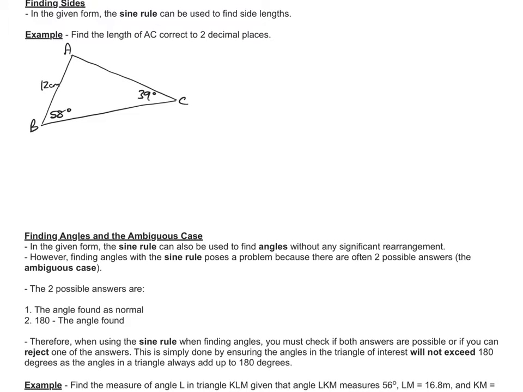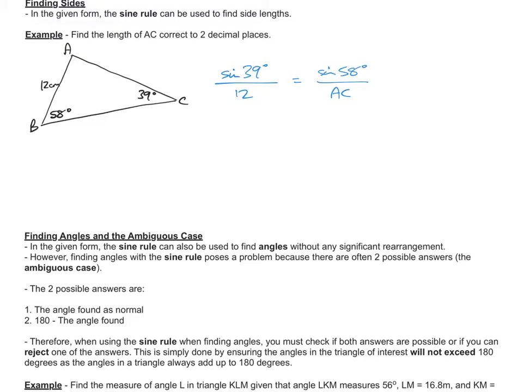So according to the sine rule, we're going to treat 39 degrees as capital A: sine of 39 degrees over its opposite side, 12, is going to be equal to sine of the angle 58 degrees over the side length which we're trying to find, which is AC.